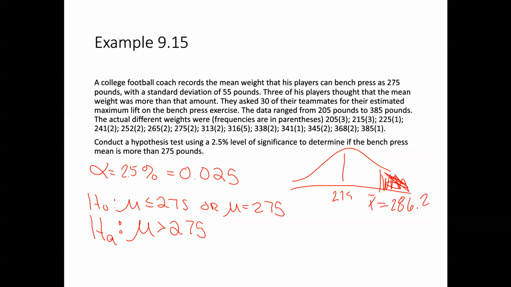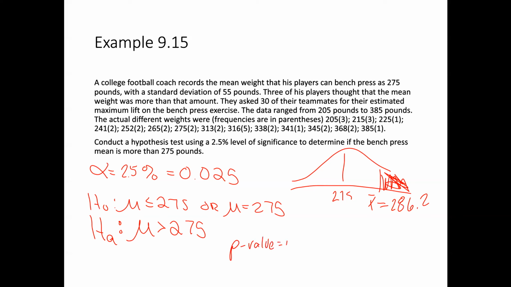So I get 286.2. The average based on this sample data was 286.2. So what's the probability that I get a value of 286.2 or more extreme based on that data if the average is actually 275? So I could use the normal distribution to find the p-value.